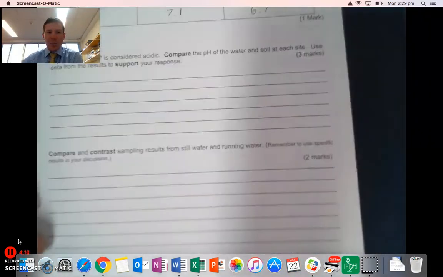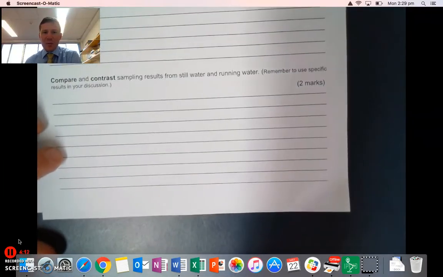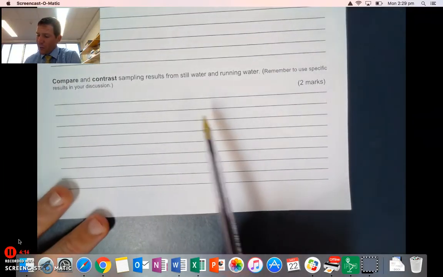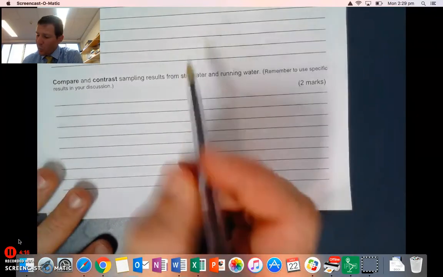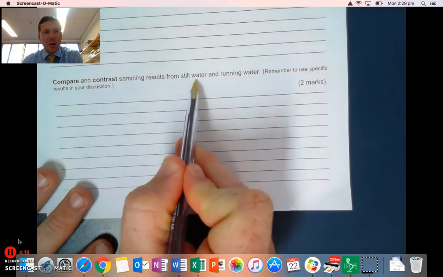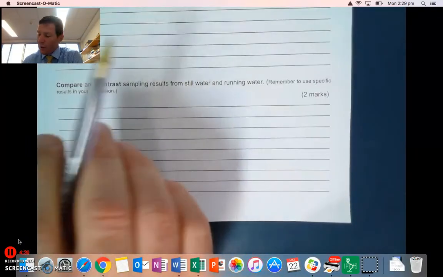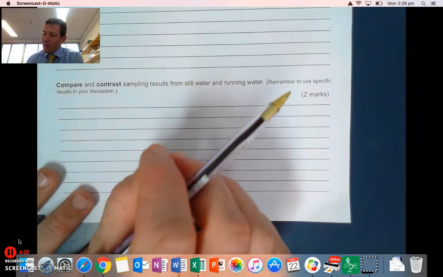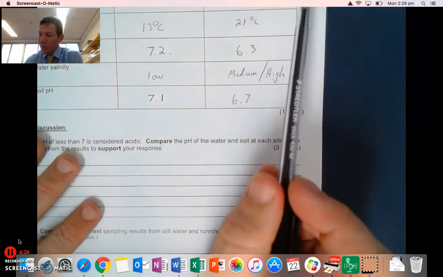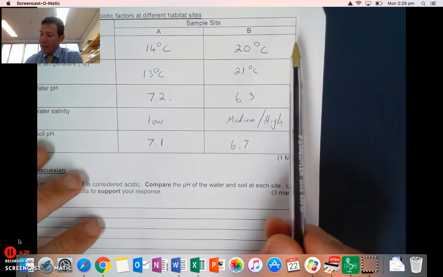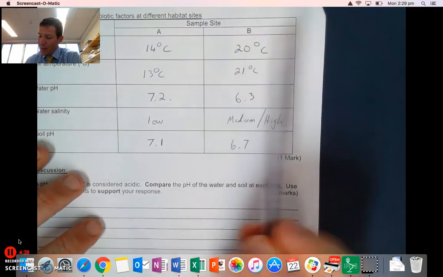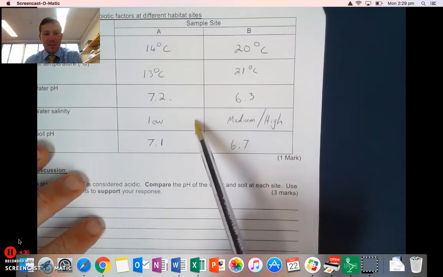The next one: compare and contrast sampling results from still water and running water. So it specifically says water, okay? So you're comparing the two waters, all right? The 3 tests we did with water are the temperature, the pH, and the salinity, all right?